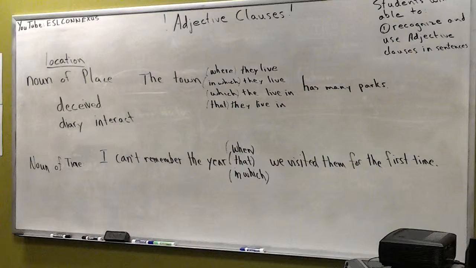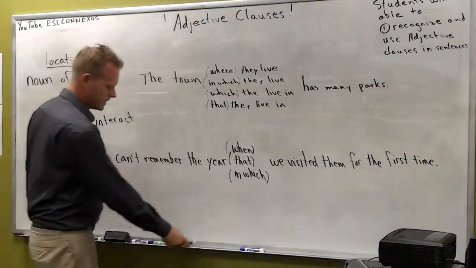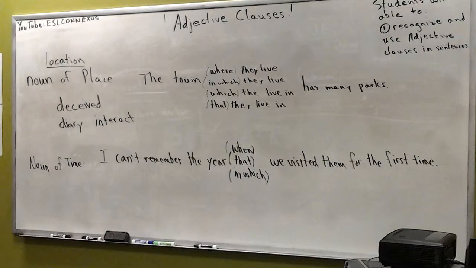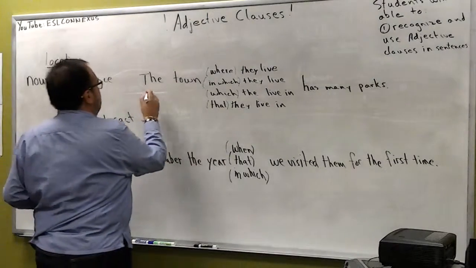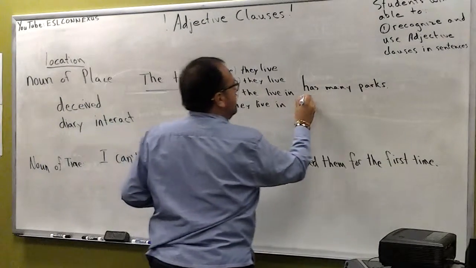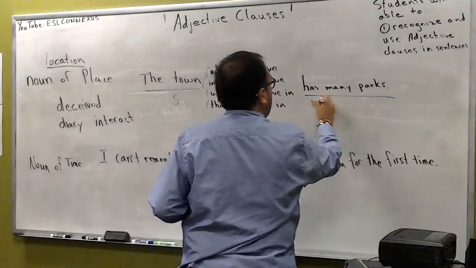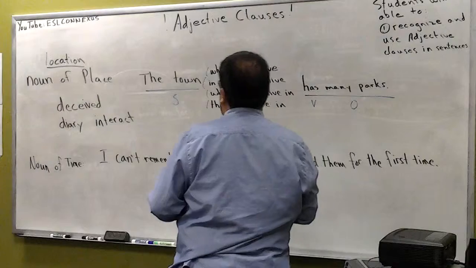The town where they live has many parks. Nice. Okay. So, Francisco, will you come up, underline the independent clause in blue, and then the adjective clause. The independent is... Yep. Where's the subject? Yeah. Verb? Object? Beautiful. Thank you, sir.